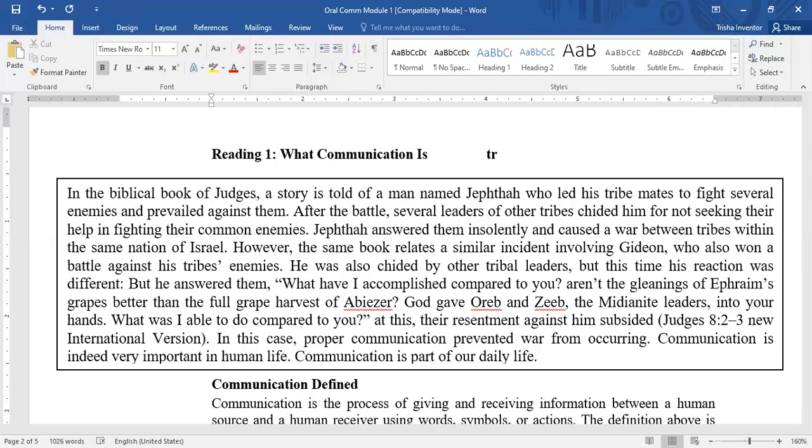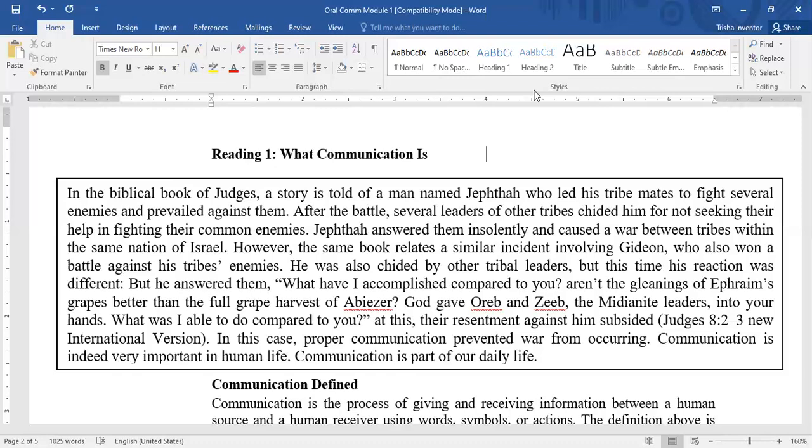Kauban nga mga leaders sa laing tribes, gikasab-an siya kay nganuman nga wala nangayog help sa ilaha. Why did Jephthah go to the war alone? Where in fact, naa man may para tabangan ka, Jephthah. Why didn't you ask for our help?